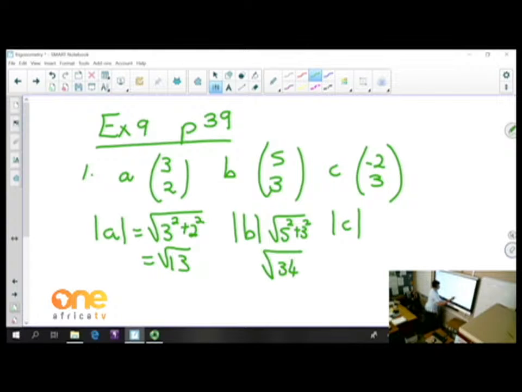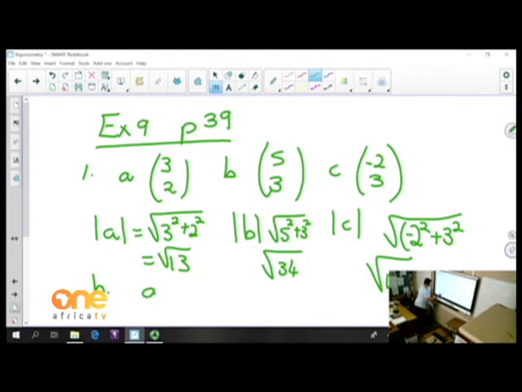And C is then the square root of, make sure here with your signs, negative 2 squared plus 3 squared. And that is giving you also the square root of 13. As I say, you can get an answer, round it off to 3 significant figures, or we can give it like this.